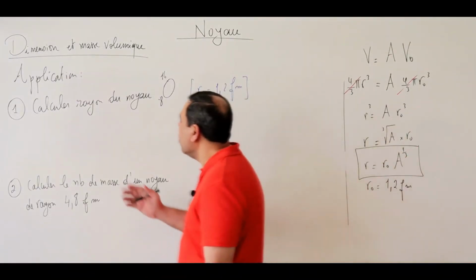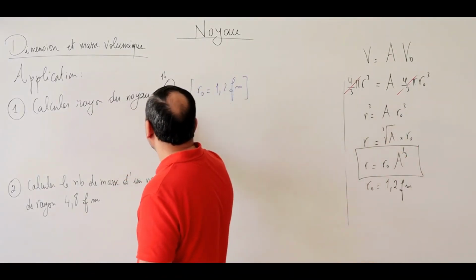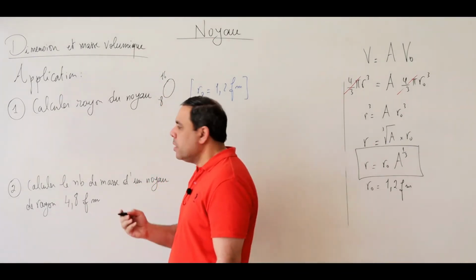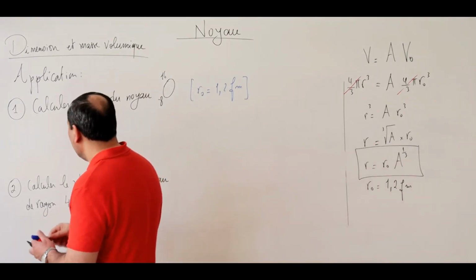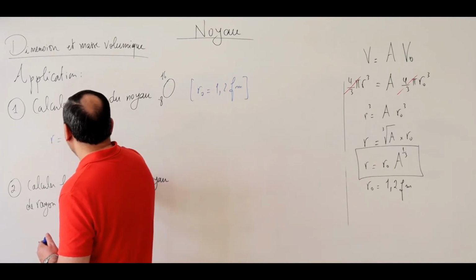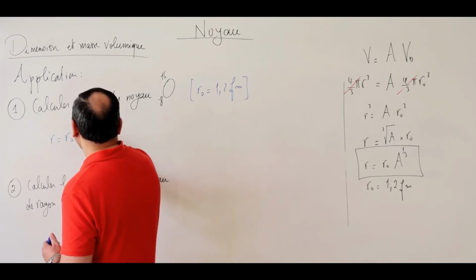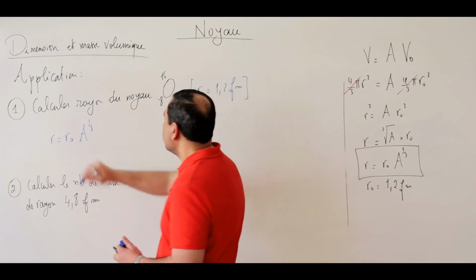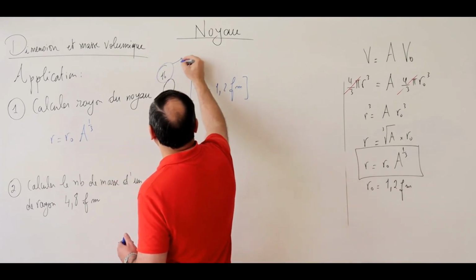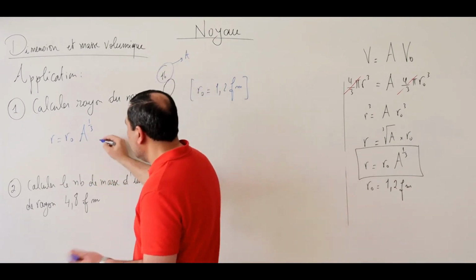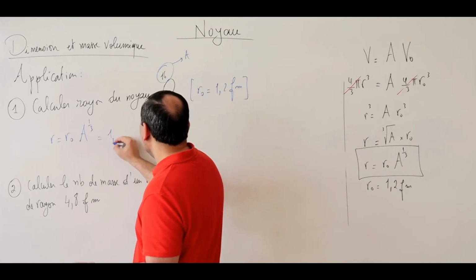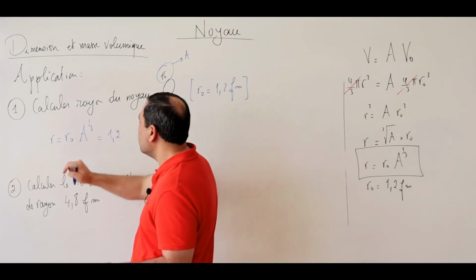Now for some applications. Calculate the radius of the O816 nucleus. The radius of a nucleus is given by R equals R0 A exponent 1 over 3. A is the mass number, which is 16 in this case. 1.2 Fermi.